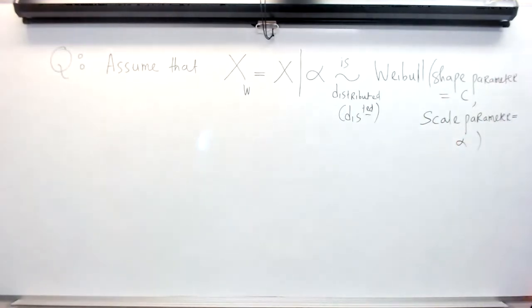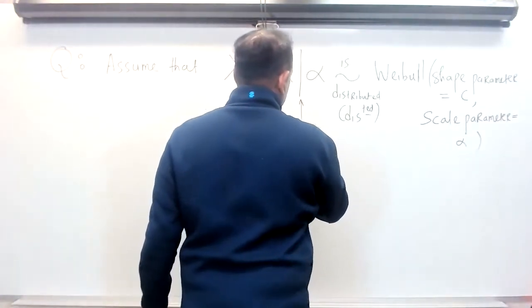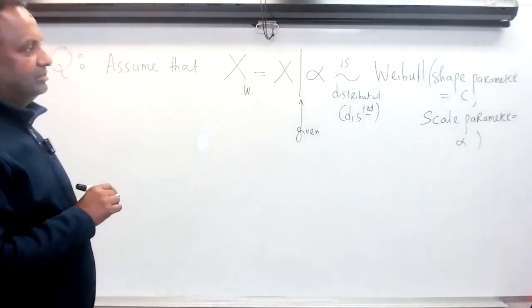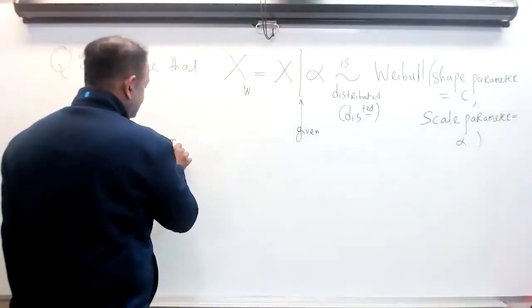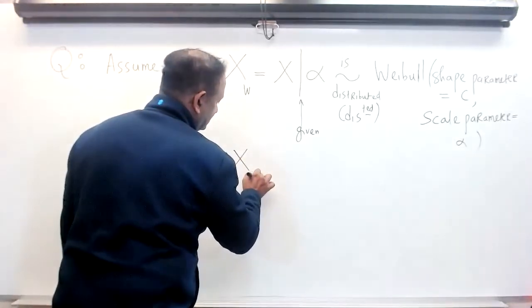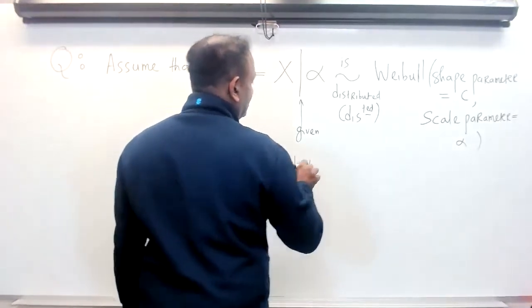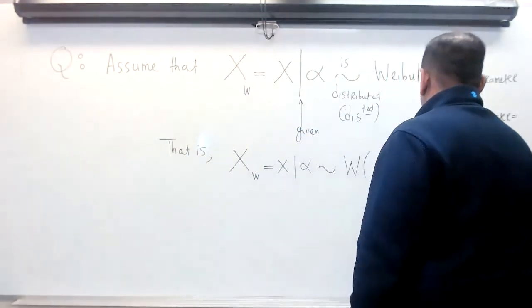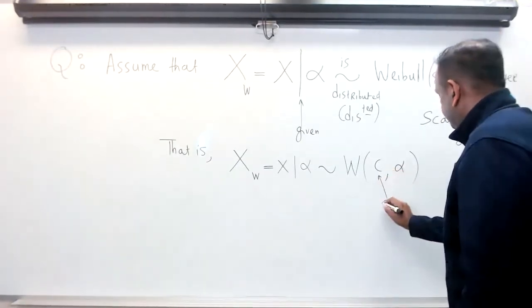This is given. That means XW, which is X given alpha, is distributed Weibull with C and alpha. C is a constant.